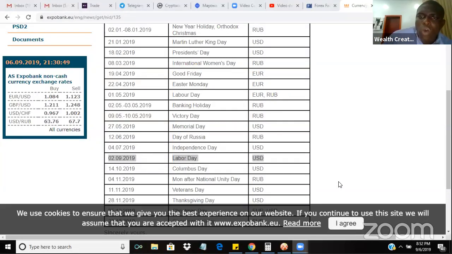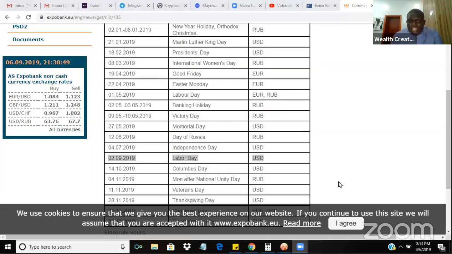Now you would want to work with the holidays that has to do with major currencies. Euro, United States dollar. You want to stay away from Euro, United States, GBP, and that's just the major. And we don't have an issue with Ruby. We don't trade it.